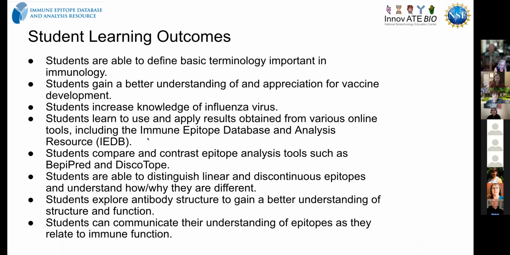We had some learning outcomes set up for our students. What would they know? We started to grade it from basic terminology all the way up to using the epitope analysis tools, and for students to distinguish between linear and discontinuous epitopes. Because when we are teaching some of these courses, it's really difficult for the students to understand granularly what's really happening when you're looking at different epitopes.